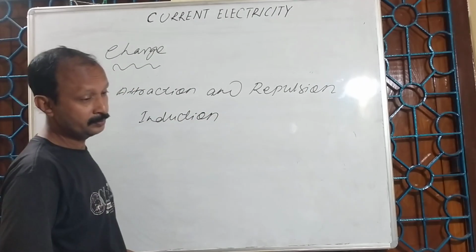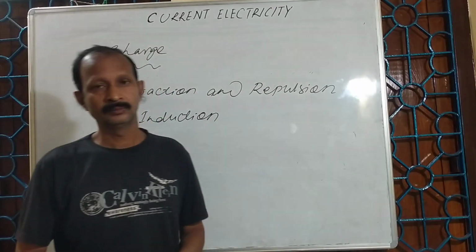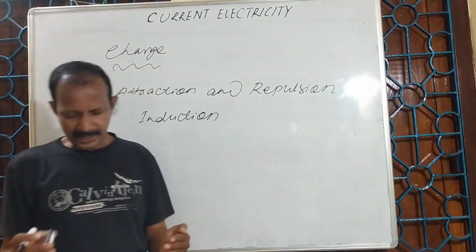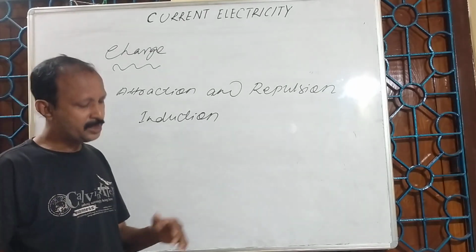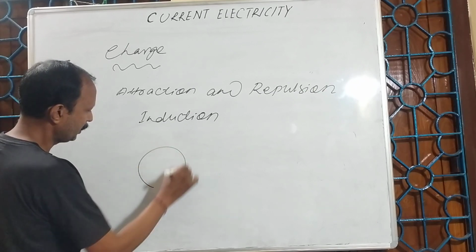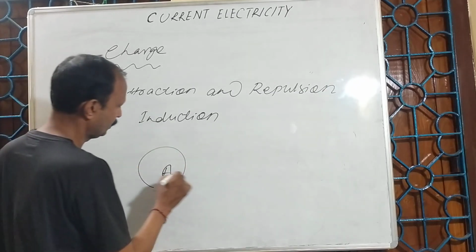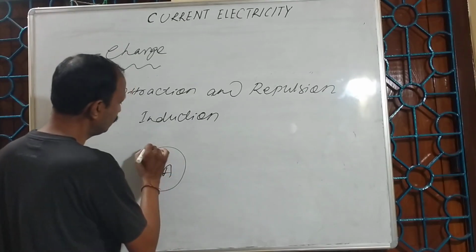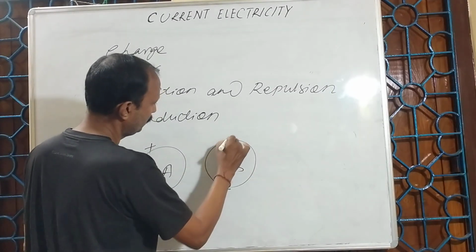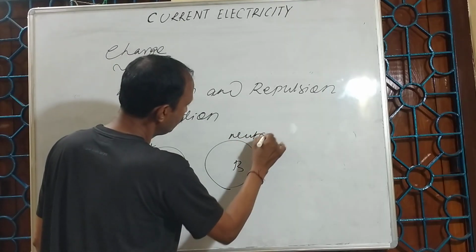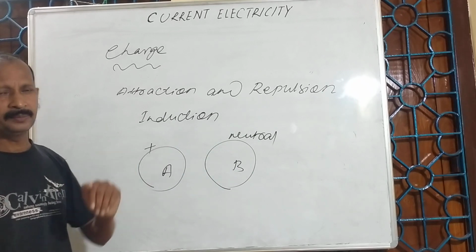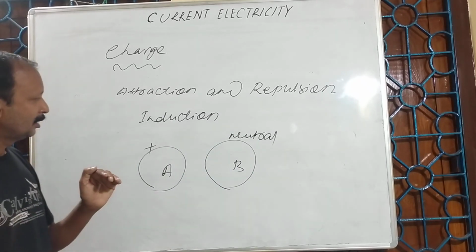Second property is induction. What is induction? Suppose a charged body comes near another body which is uncharged. Think that A is a charged body with positive charge. B is a neutral body, meaning neither positive nor negative. What happens?